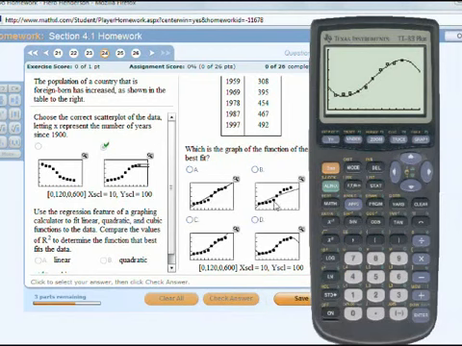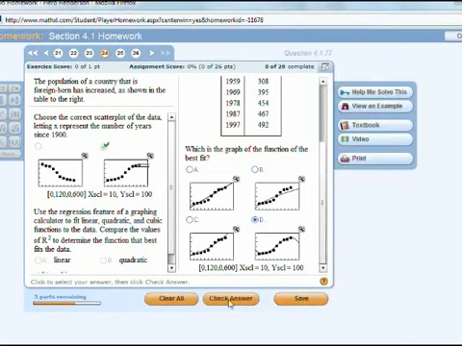This don't look right. This one went up, which was actually the quadratic, but look at this thing right here. Looks just like that. Notice they have the same window right here as we've already input. So we know that it's part D. Check answer. Good job.